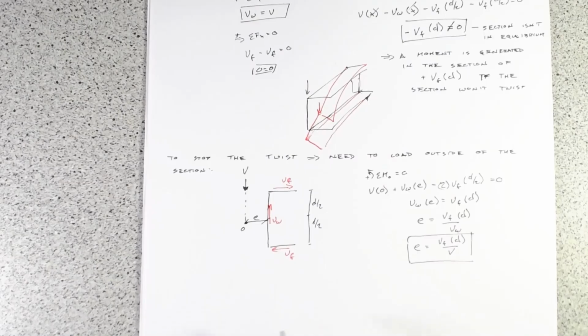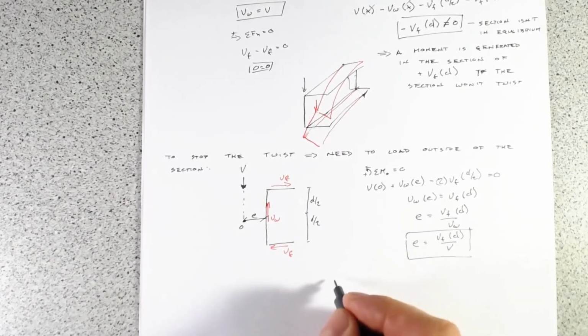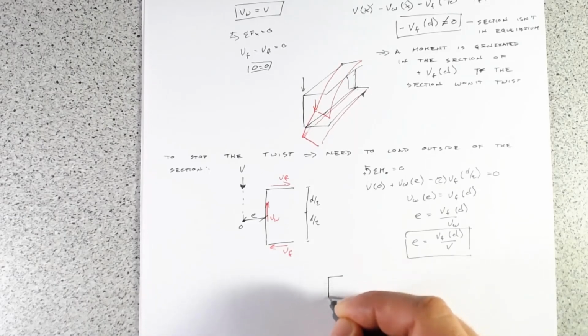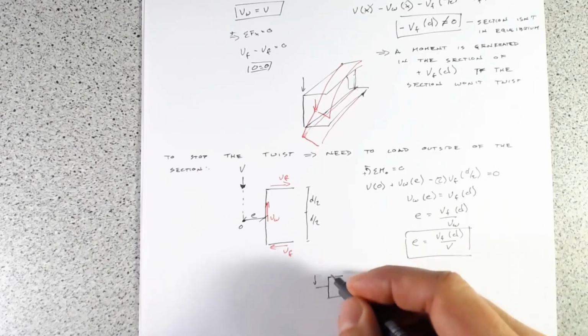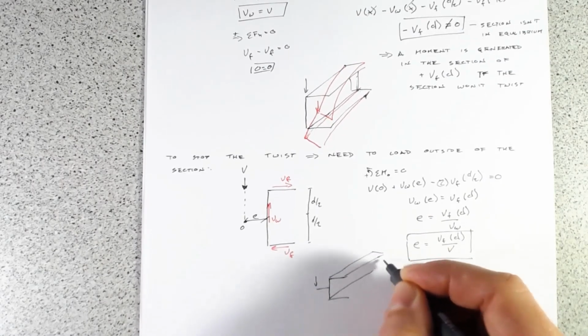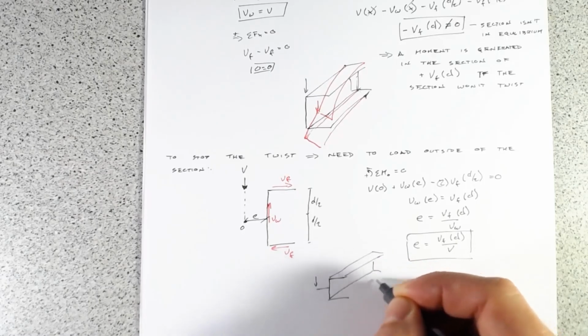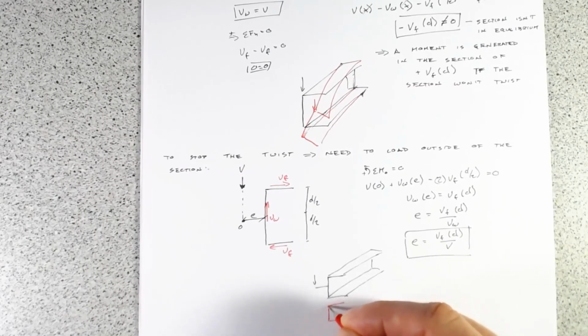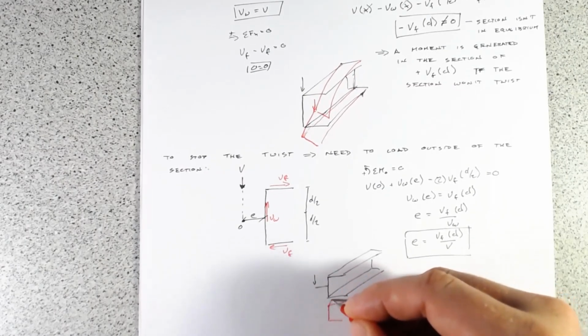And if we load right at E, I'll try to draw this 3D again for you, then we actually end up just getting the section to translate and bend straight down.